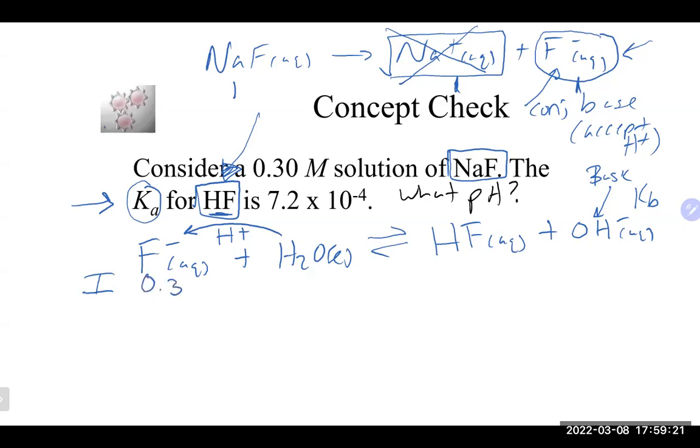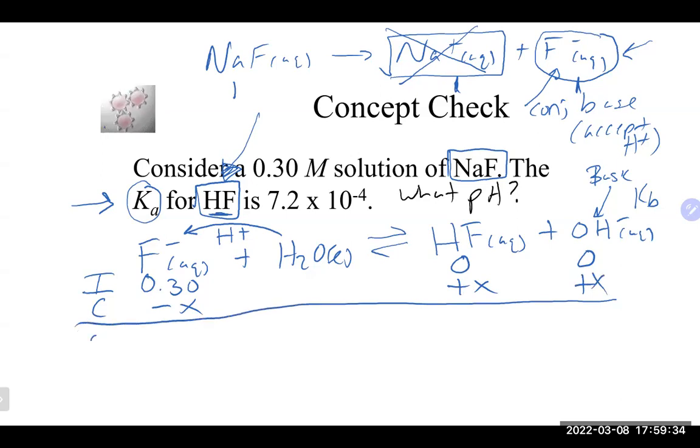The concentration of F minus would be 0.3 molar as well. This would be 0 and 0. Change would be minus X, plus X, and plus X. That would get us 0.3 minus X, X, and X.